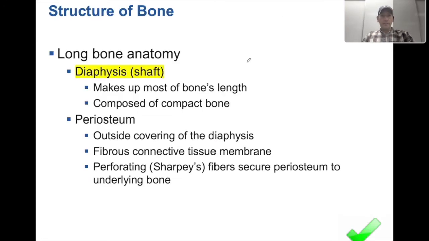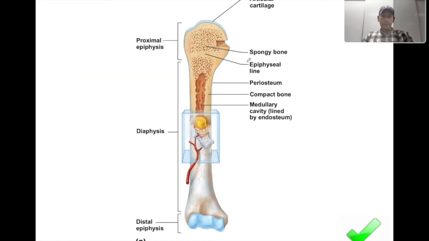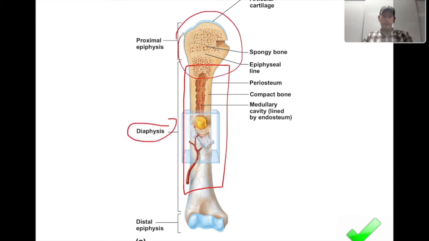Let's take the anatomy of a long bone. A long bone has a really long, skinny part, and that's called the diaphysis. And the expanded ends are called epiphyses. One is called an epiphysis.